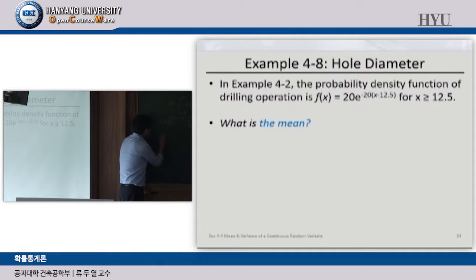So 0 minus, and what about the lower limit? When we substitute 12.5, the exponent goes to 0. So exponential 0 goes to 1, right? So this will be x is 12.5 multiplied by minus 1. Okay? So this will be just 12.5.